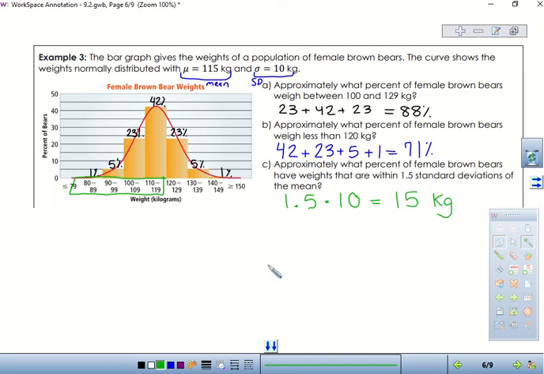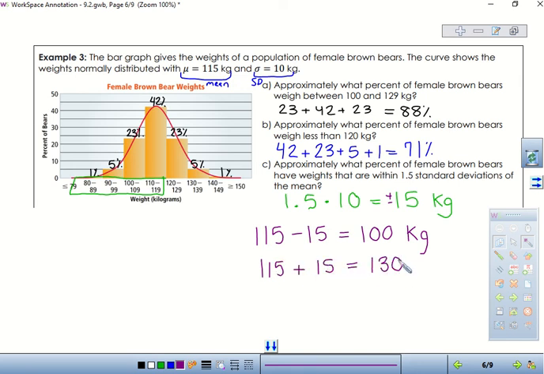So what you're going to do now, like we've been doing on the other charts, is you're going to take your mean, and you're going to add and subtract this number from it. This is what we call an adjustment. We're looking at it from a different standard deviation perspective.